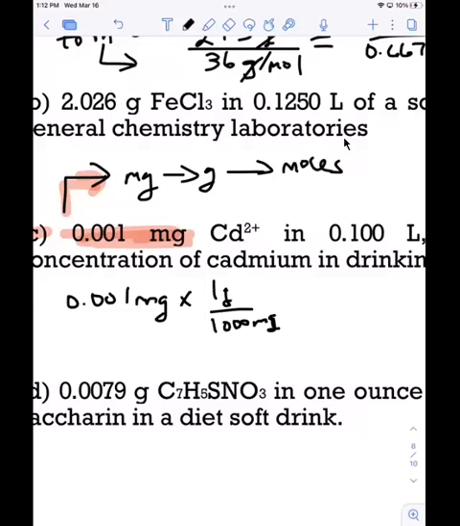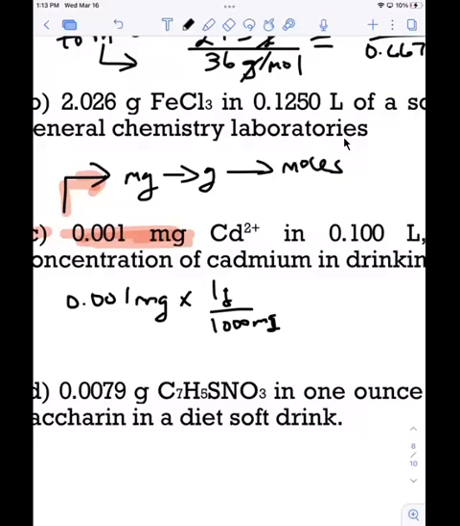And this brings up another topic too, because when we talked about this before, we talked about the fact that when you go from a smaller unit to a larger unit, the number is going to decrease, right? So this number is actually going to decrease and become even smaller.